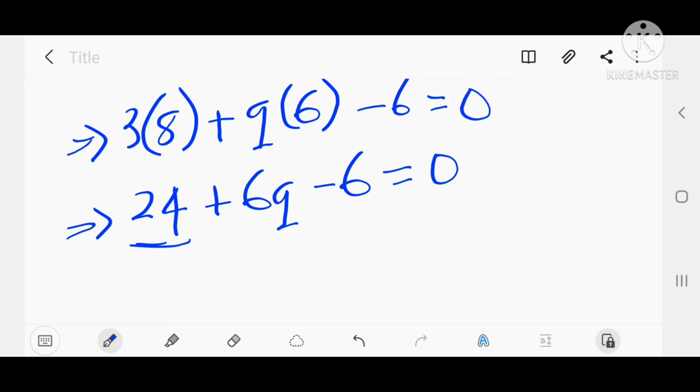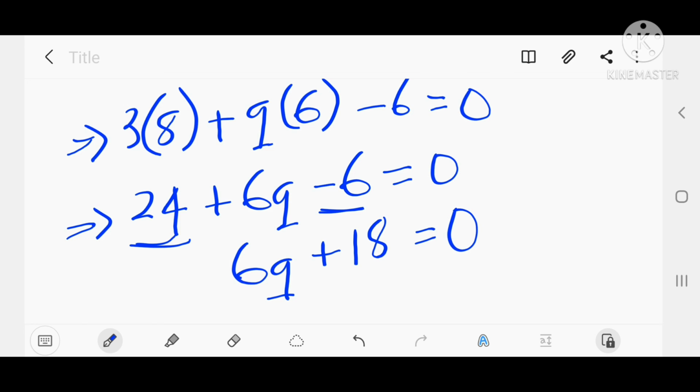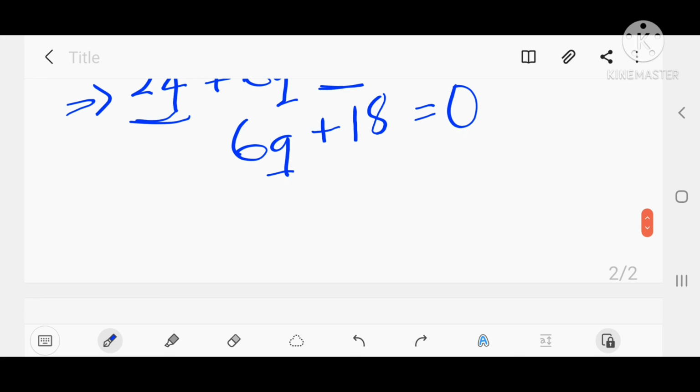Okay, we can solve the 24 and the minus 6. That will give us 6q plus 18 equals 0. Taking the inverse of the positive 18, we have 6q equals negative 18.